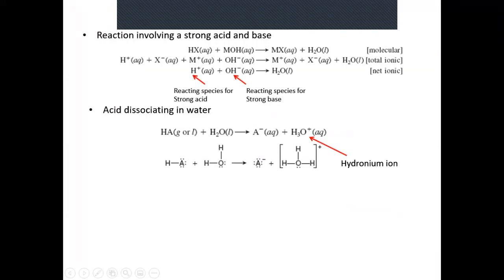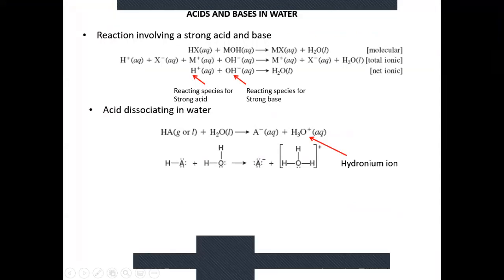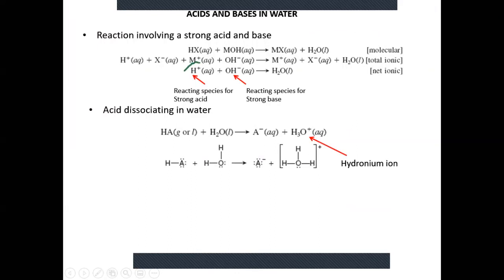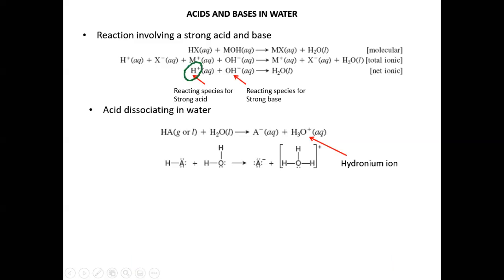The general form of a strong acid is H+. Whenever you see H+ by itself, like in this equation, this is referring to a strong acid. The general form of a strong base, or the reacting species in a strong base, is OH-, I should say that. And the reacting species in a strong acid is H+.